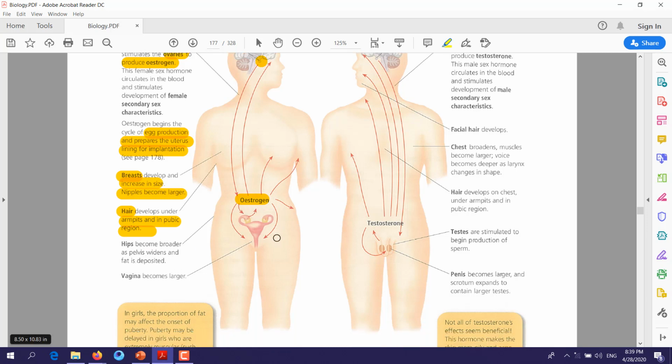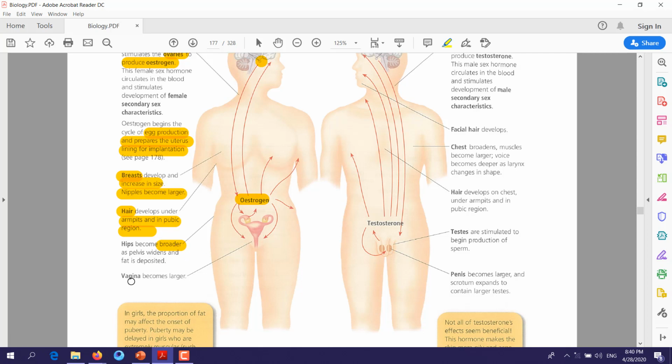Then hips. If you look at the hips, what will happen? The hips will become broader as the pelvis widens and fat is deposited. Here the hip will be bigger.